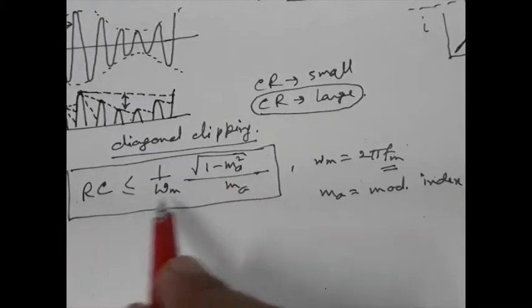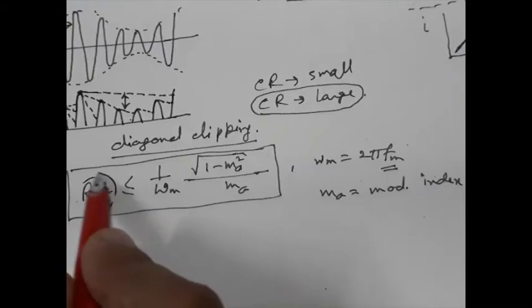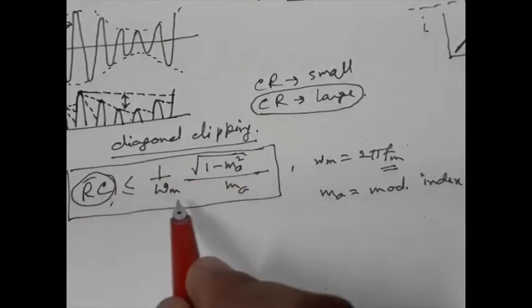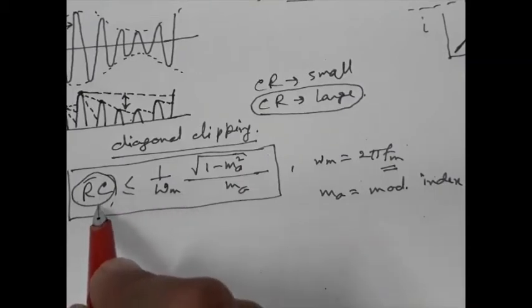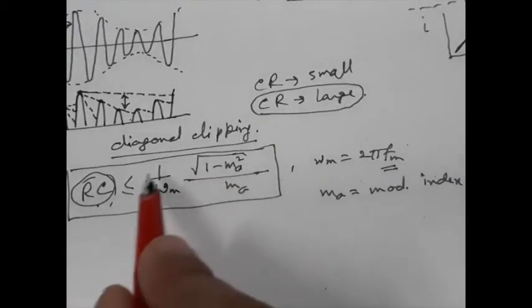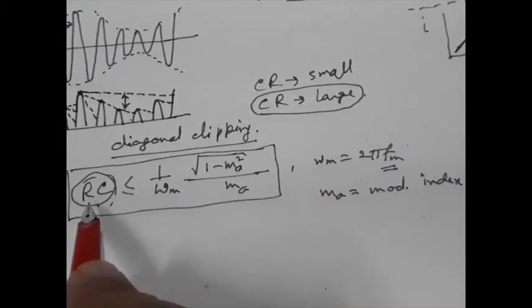But still, if we don't use a single tone system, this RC, determined using these mathematical expressions, will be equally useful for multi-tone systems as well, because you will have some idea what should be the ideal value of R and C.